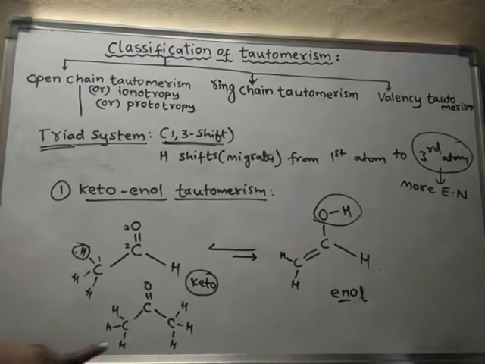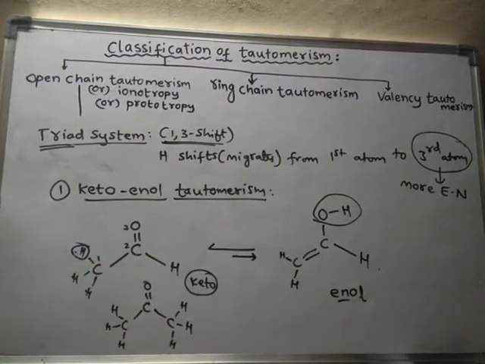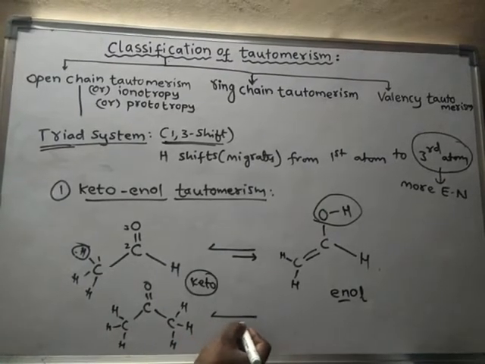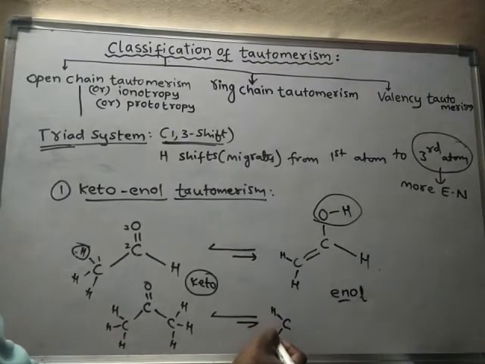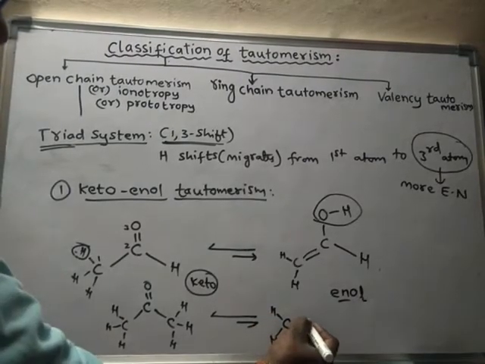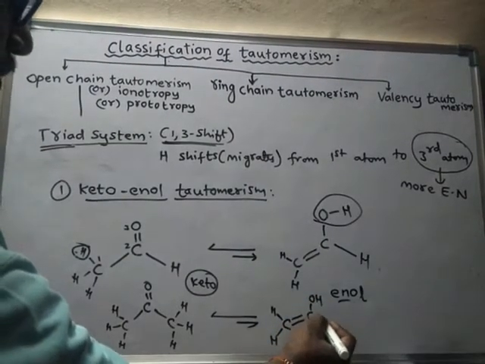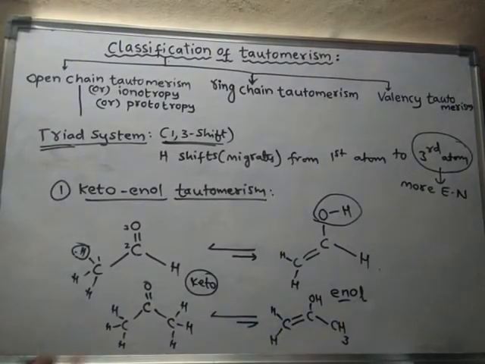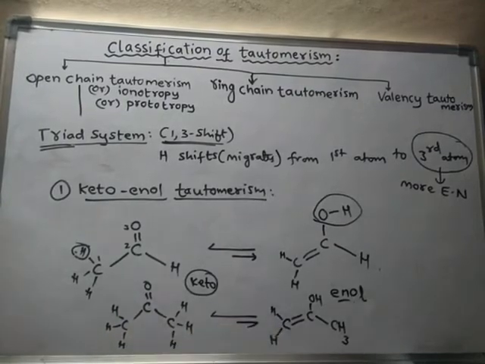This is an aldehyde, and even in ketones the reaction will be of the same type. This is also an enol. So from the keto compound, the enol compound is formed.